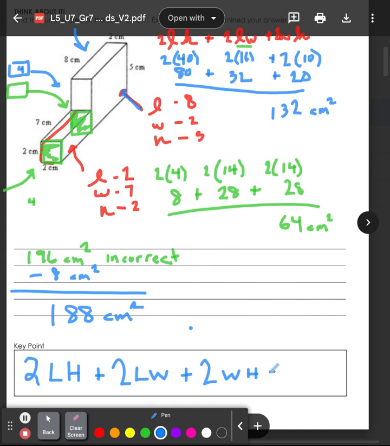If we can remember that this is the formula for surface area, then much of today's lesson you'll be able to follow along and do well with. Alrighty? Sensational. Let's take a look at the next question.